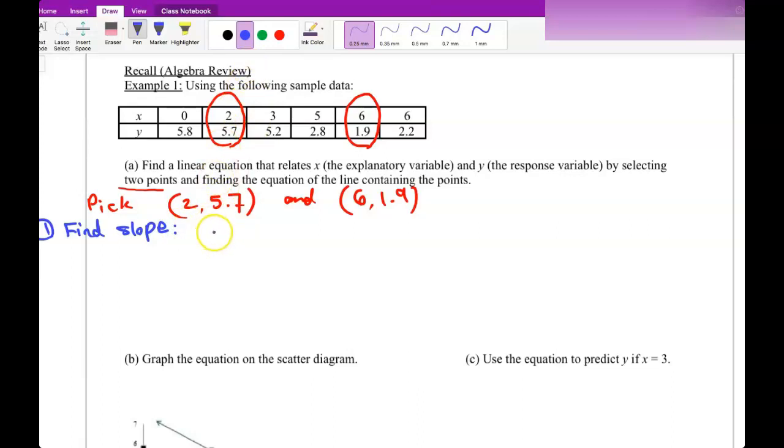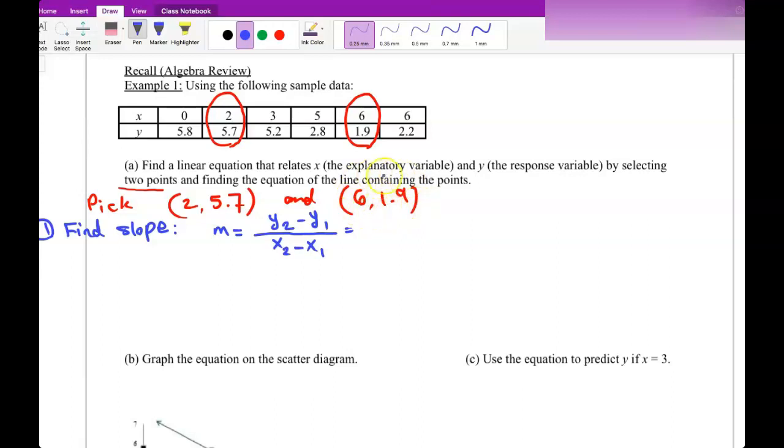Showing with m, our slope is equal to y2 minus y1 divided by x2 minus x1. It doesn't matter which one you choose for x1, y1 and which one for x2, y2.